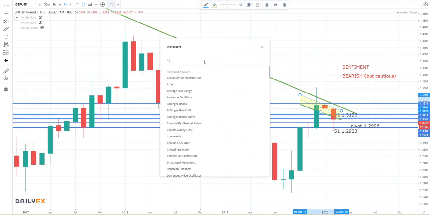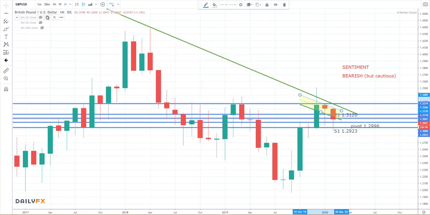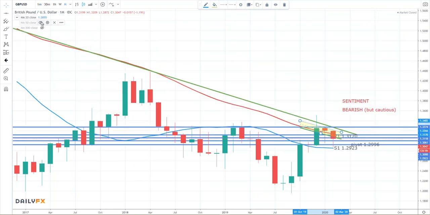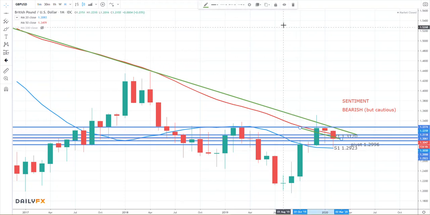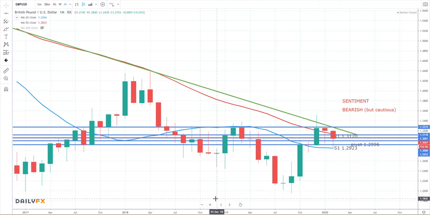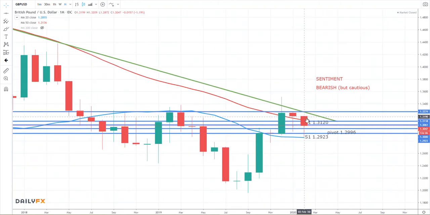But when we think about our moving averages, we see that we're moving above the fast monthly, but price is now just cutting through. Let me get rid of these smaller time frames. Price pulled back to the 50, between the 20 and the 50, and is now working its way back down.